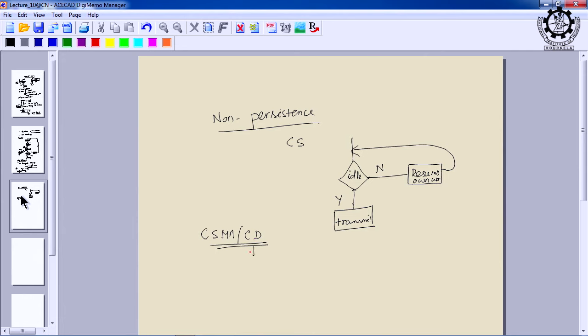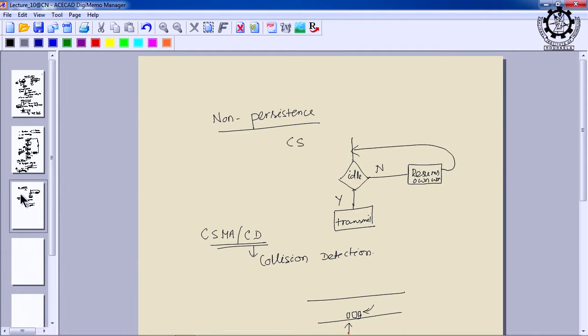CD is collision detection, meaning any node who is transmitting has a provision to hear back from the channel. Someone is transmitting, releasing the frames to the channel, and during the transmission it finds that there is a collision to one of my frames.